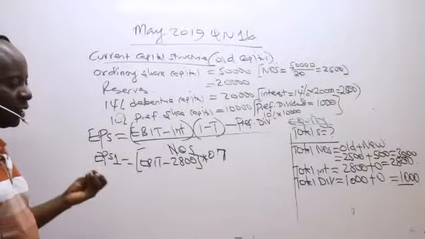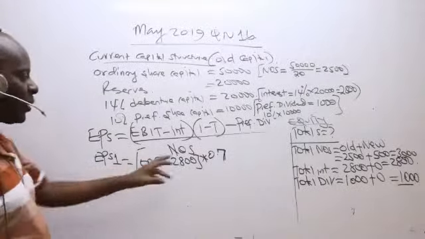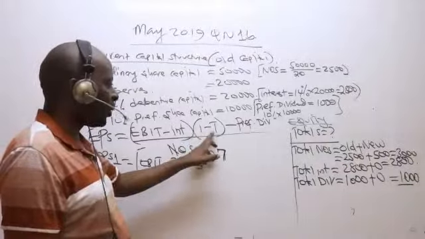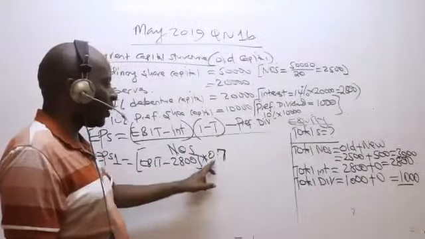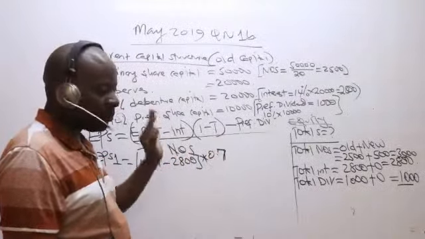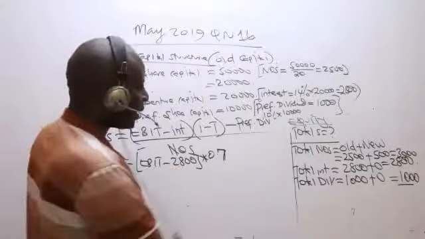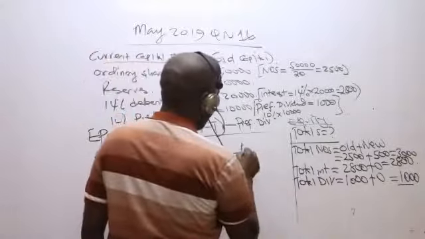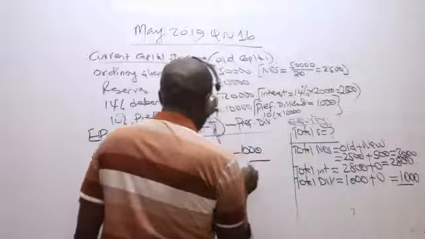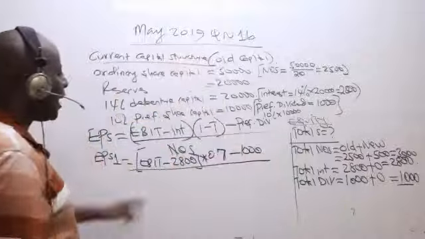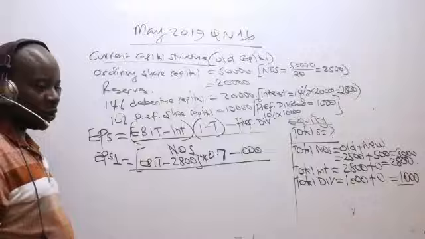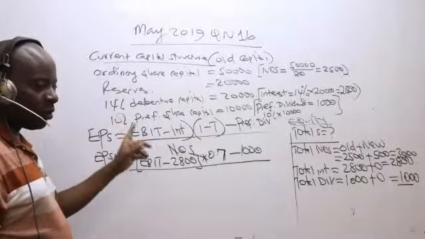The total preference dividend? So remember 0.7, we've taken 1 minus 0.3, which gives us 0.7. So minus preference dividend, what is the total dividend? It's 1,000. Thank you so much. And then everything to be divided by the total number of ordinary shares. Do we know the total number of ordinary shares?